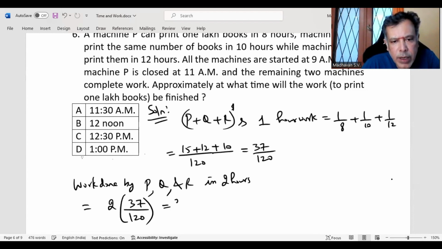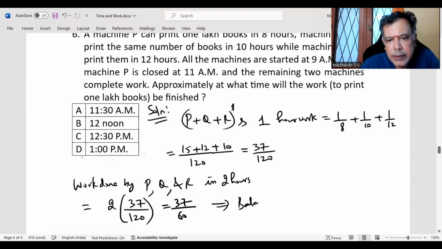That will work out to 37 by 60. Right. Now, this means that balance work pending will be 1 minus 37 by 60. That will give you 23 by 60.